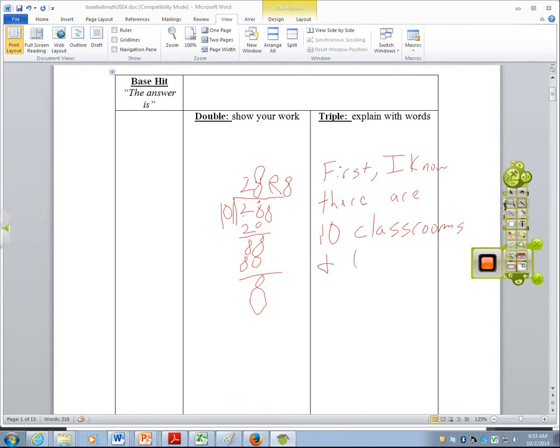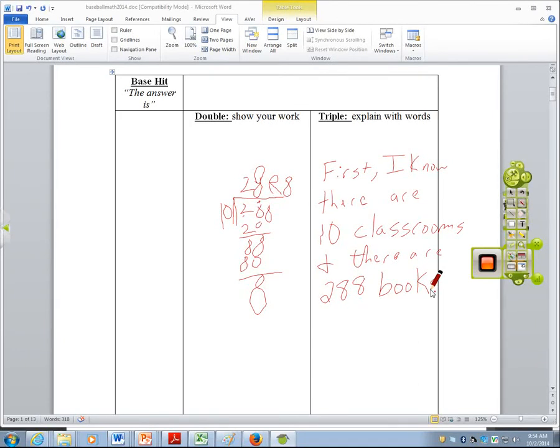So I did 288 divided by 10. The first step I did was how many times does 10 go into 28? And that equals 2. It goes into it 2 times. So I put the 20 down here.